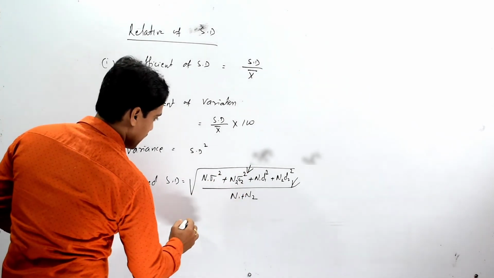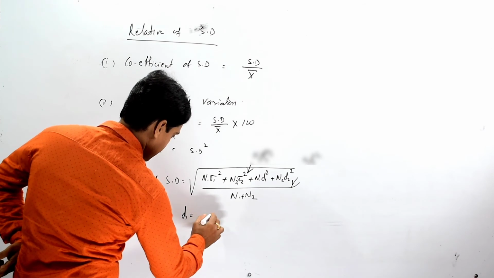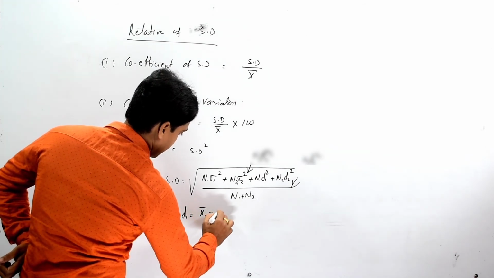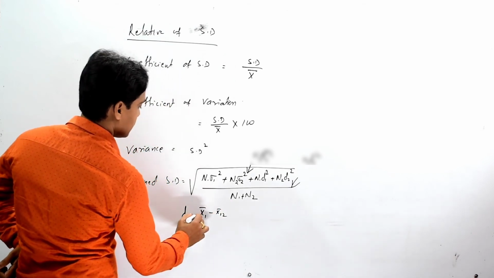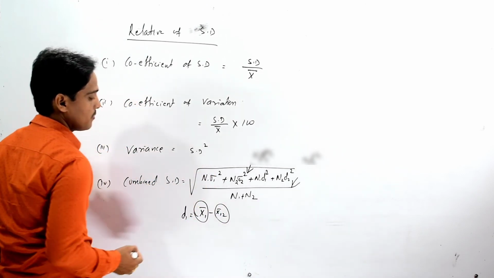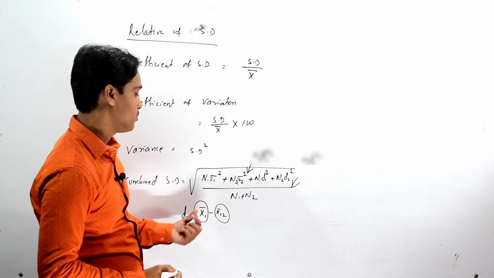Here d1 is calculated by x bar 1 minus x bar 1 2, that is arithmetic mean of first group and combined arithmetic mean of two groups.